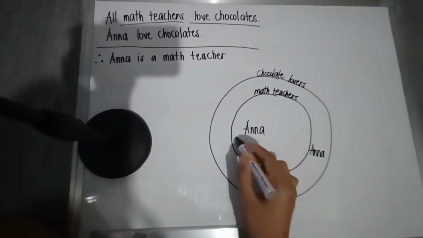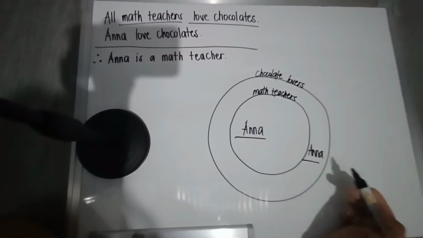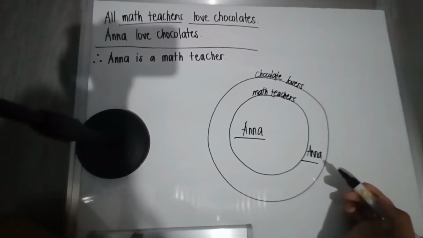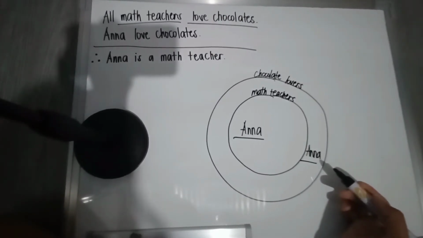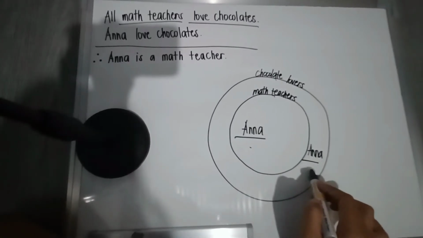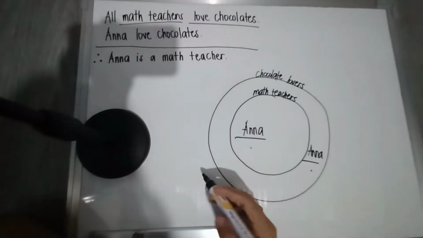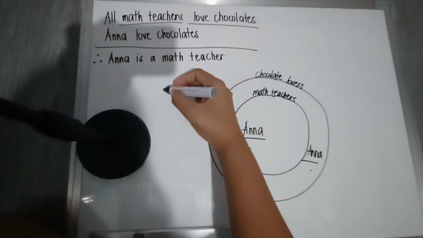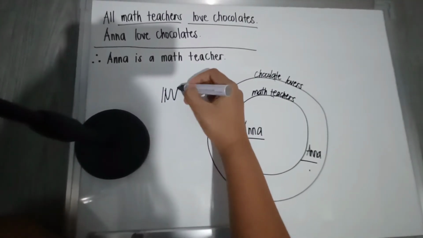Anna can live in both places because it is not guaranteed that Anna is a math teacher. Since Anna can live in both places, we can say that this argument is invalid.